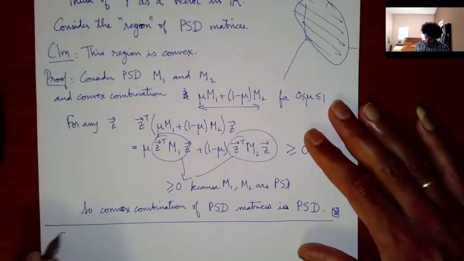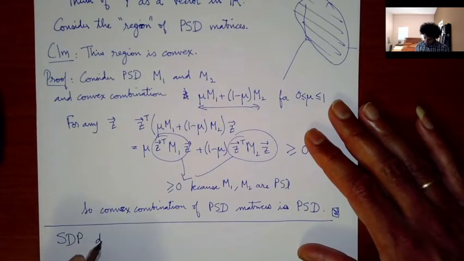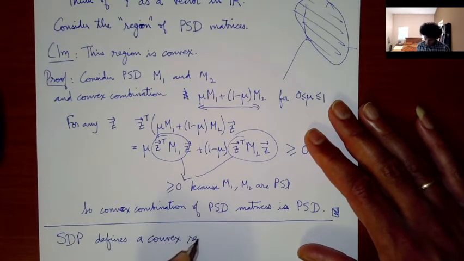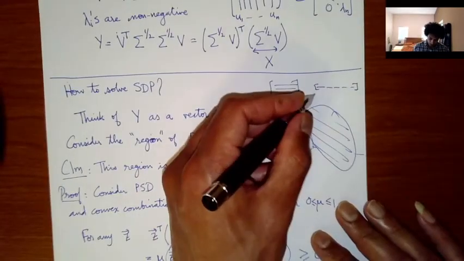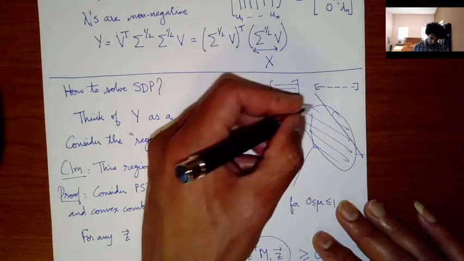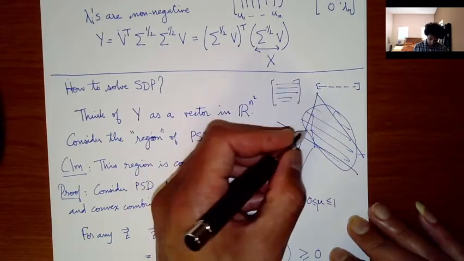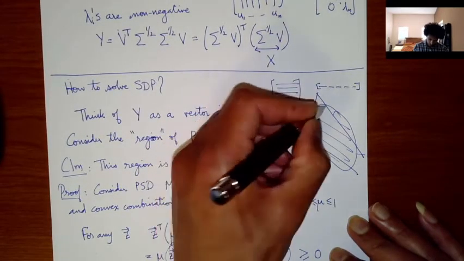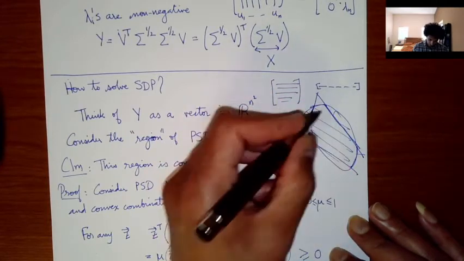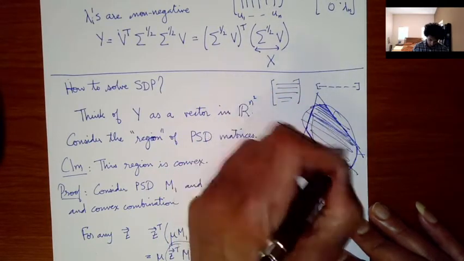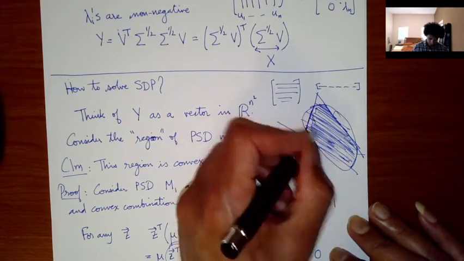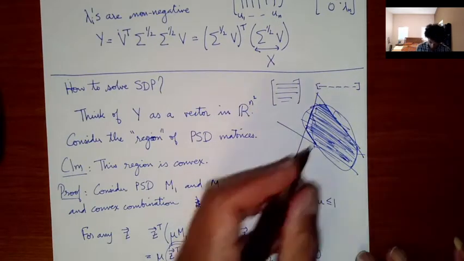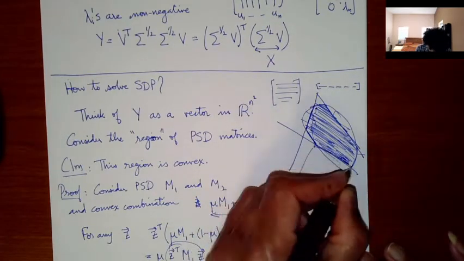So the SDP defines a convex region, because the PSD matrices are convex, and then on top of this you have some linear inequalities. You could think of this darkly shaded region as your body.